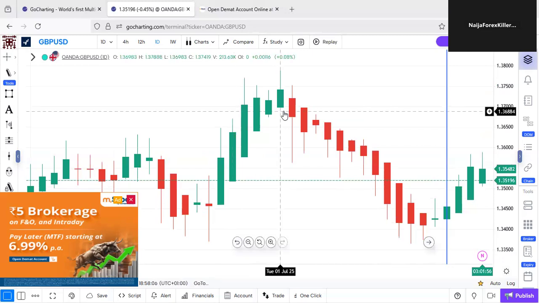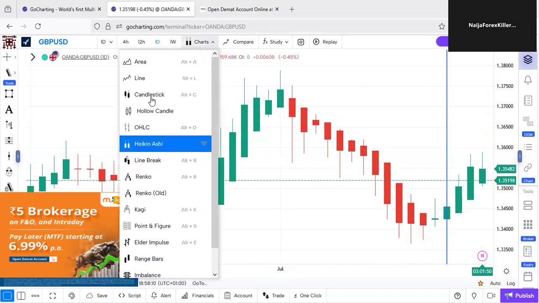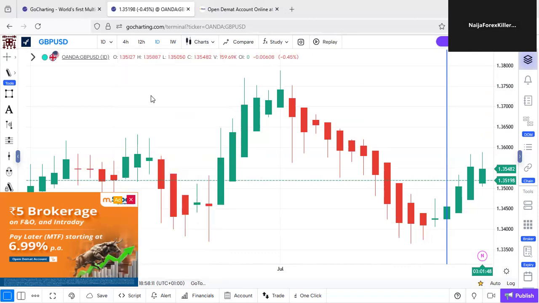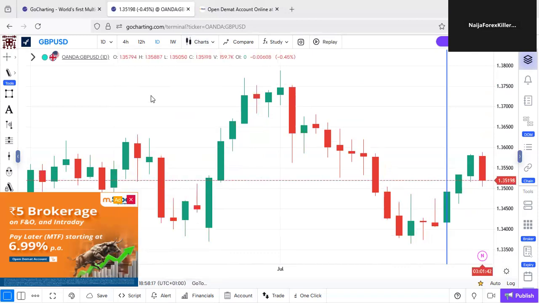All of them have their own pattern. But the most important and most favorable one for you as a retail trader is to use candlesticks, because it will give you more understanding of how the market is going and where the market is actually going for the time. So that's all for candlesticks.